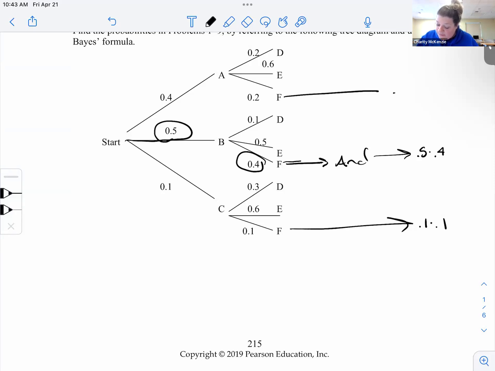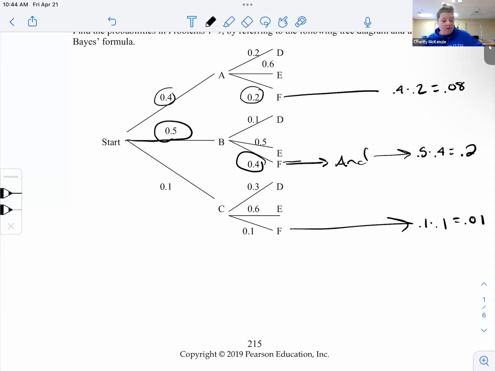This one is 0.4 times 0.2. We're just timesing that row, so times this one, then this one, and so forth. So let's calculate these out. 0.4 times 0.2 gives me 0.08 on that row. 0.5 times 0.4 gives me 0.2. 0.1 times 0.1 is 0.01.